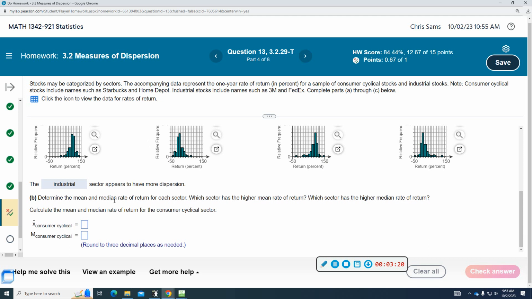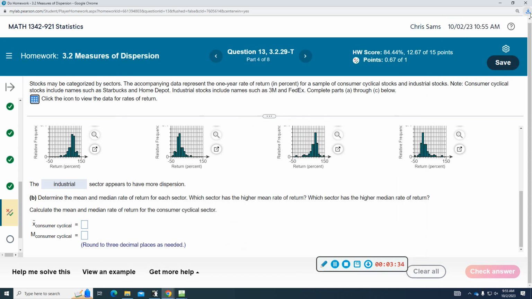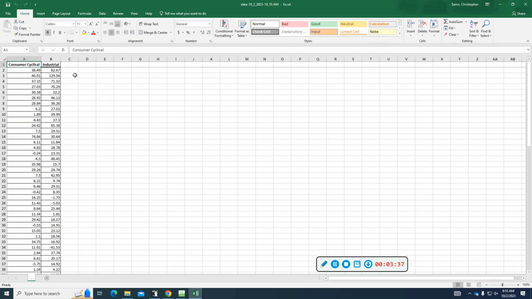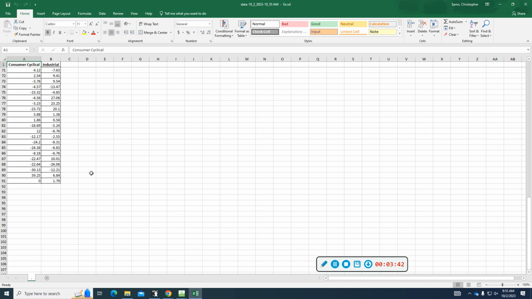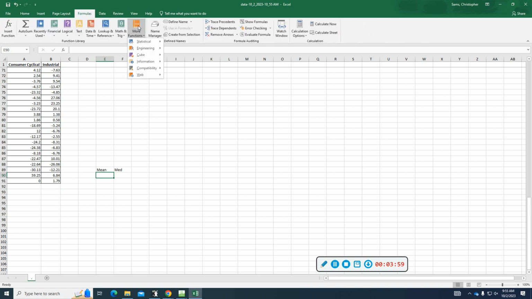All right, so now we want to calculate the mean and median for cyclical. So again, I'm going to go back to the data, and I'm going to copy it into Excel. This time I like Excel because it spits out the formulas. So I'm going to open this in Excel. We're going to find the mean and the median of both. So I'm going to go to data, no, formulas, statistical.